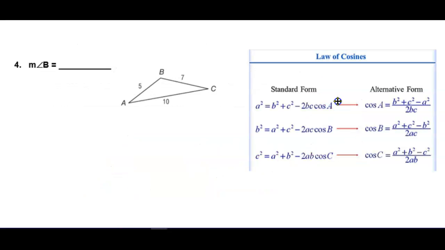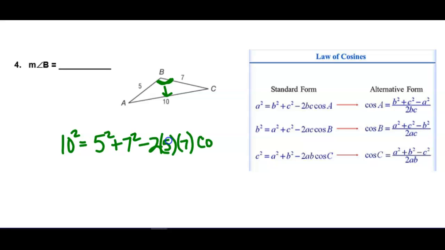All right. This is again finding an angle, so I do want to do another example of that for you. To find angle B, it is across from 10, so you go 10 squared equals 5 squared plus 7 squared minus 2 times 5 times 7 times the cosine of B. So Hofbauer says we should do 10 squared.